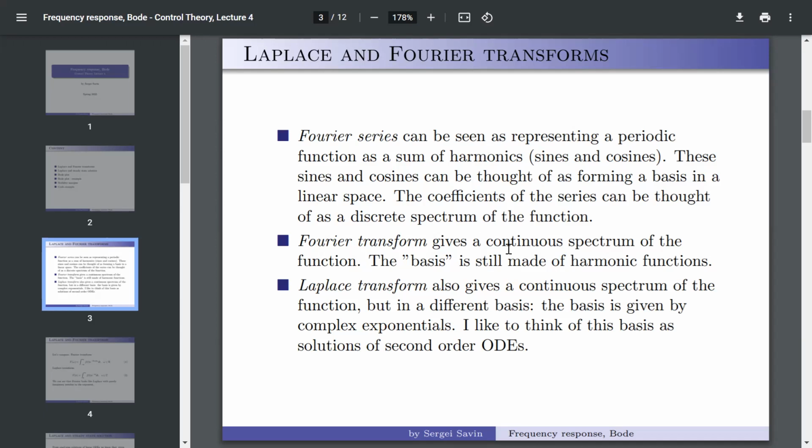My point with this slide is just to say that Laplace is the same as Fourier, but instead of sines, we have complex exponentials. Let me quickly remind you what they are.